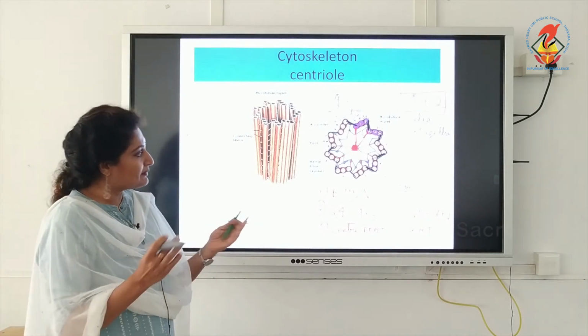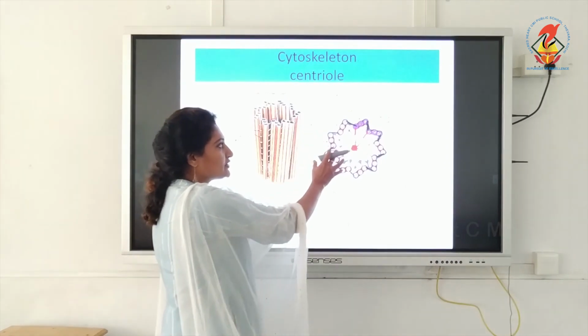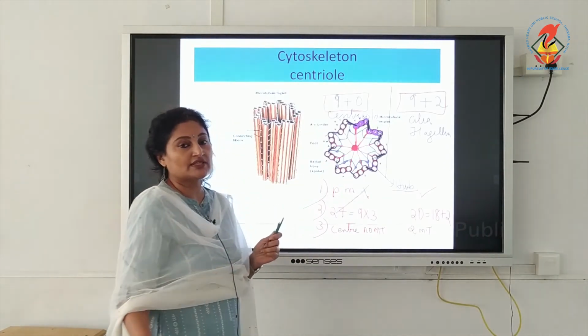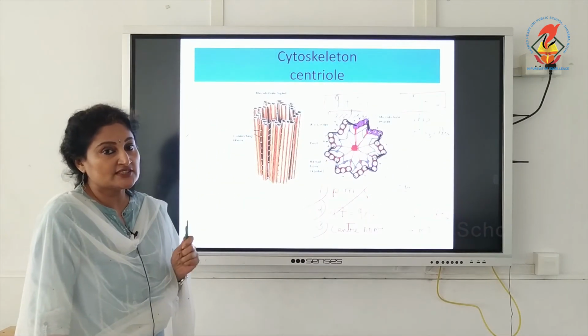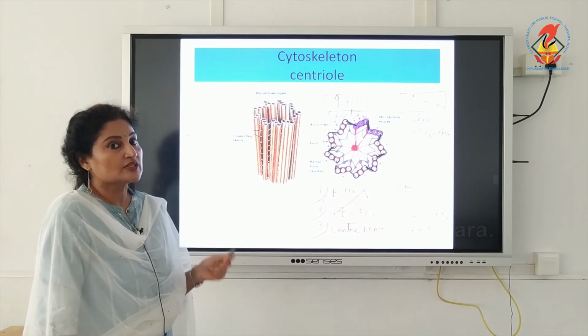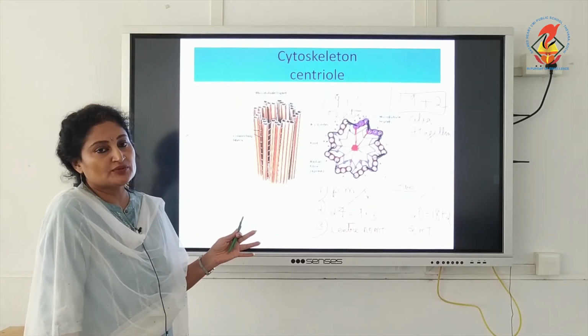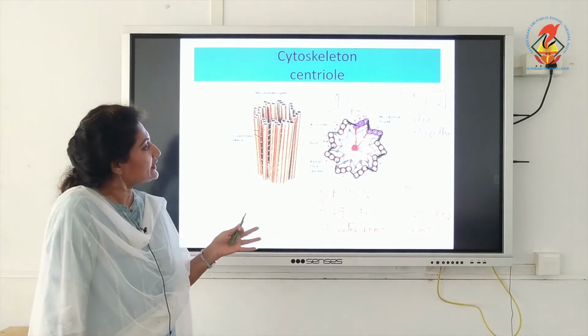Clear? And the similarities of both of these: there are radial spokes. 9 radial spokes in 9+0 and 9 radial spokes in the 9+2 arrangement. What are these radial spokes? They connect the microtubules of the periphery to the center. And another common feature in both is that there are linkers. What are linkers?